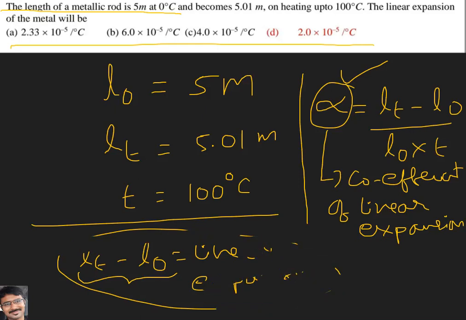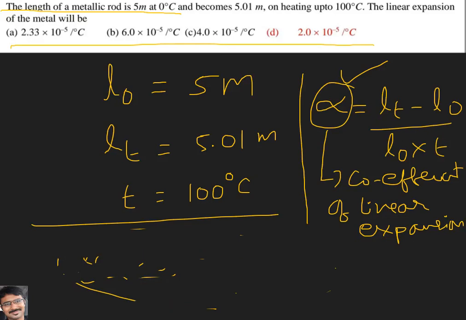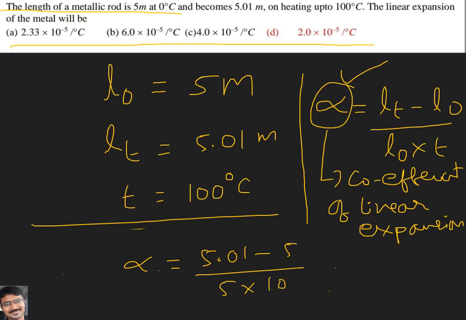Now what I want is alpha. That means what should I write? Directly substitute in the formula. The formula is there readymade. Just substitute in that one. So observe carefully now. Alpha is equal to LT minus L naught, 5.01 minus 5, by L naught 5 into T 100.